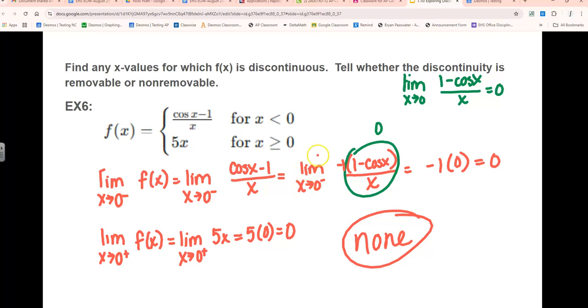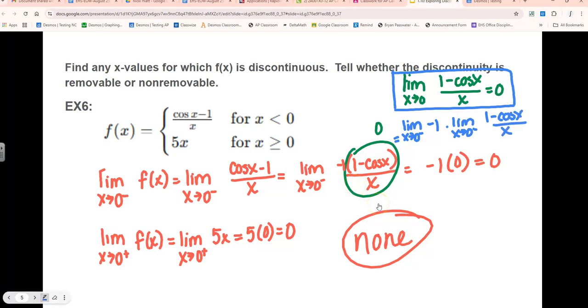So whenever I'm doing the limit here, it's one of those special limits that we learned when we did the squeeze theorem, in 1.8. The limit as x approaches 0 of 1 minus cosine x over x always equals 0. So I could write this step where I do the limit as x approaches 0 from the left of negative 1 times the limit as x approaches 0 from the left of 1 minus cosine x over x.